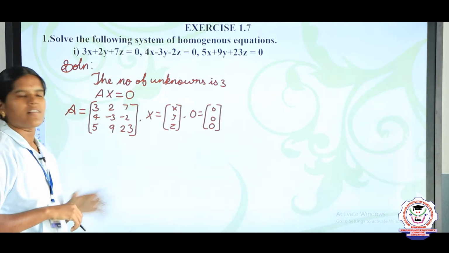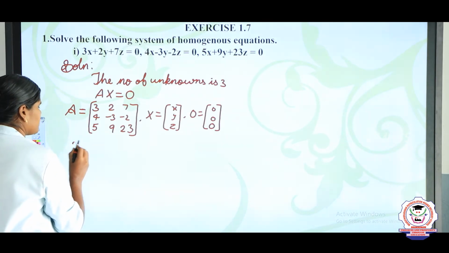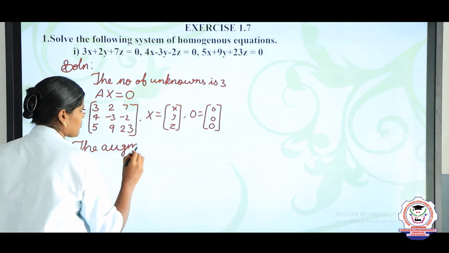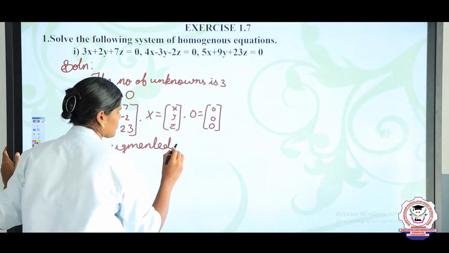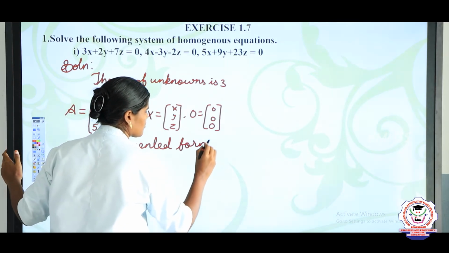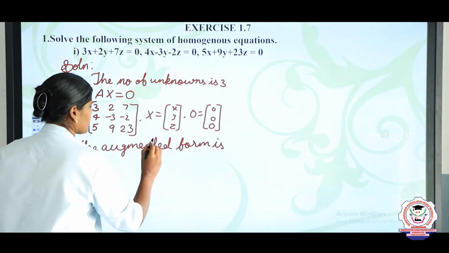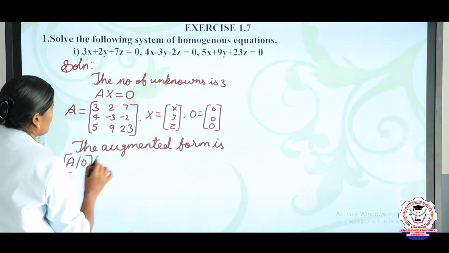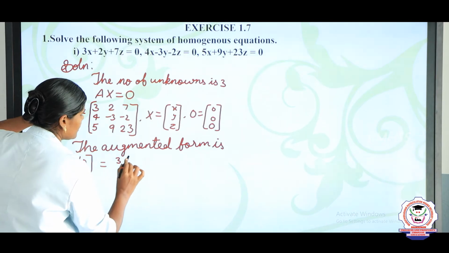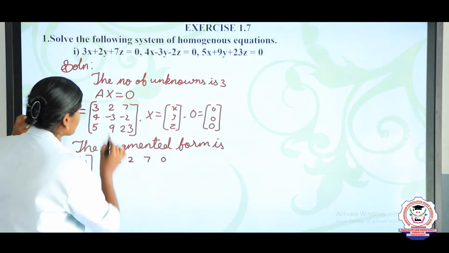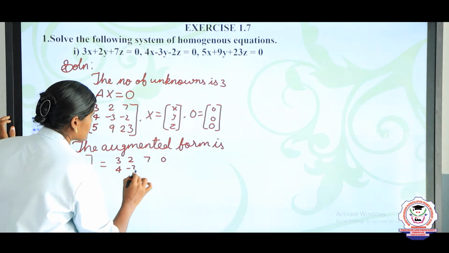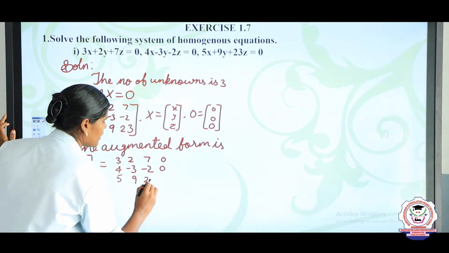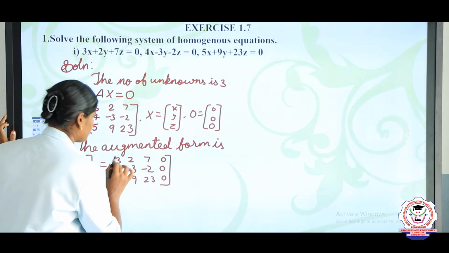Now, the augmented form of this matrix is [A, O], which is equal to 3, 2, 7, 0 and second row 4, minus 3, minus 2, 0, 5, 9, 23, 0. Okay.